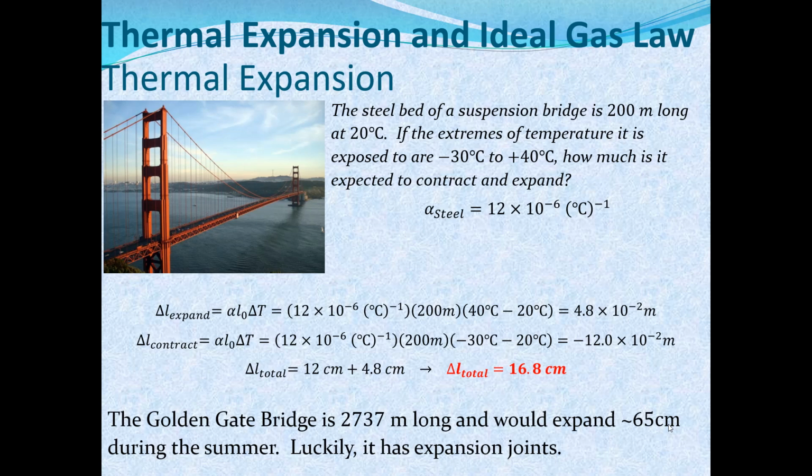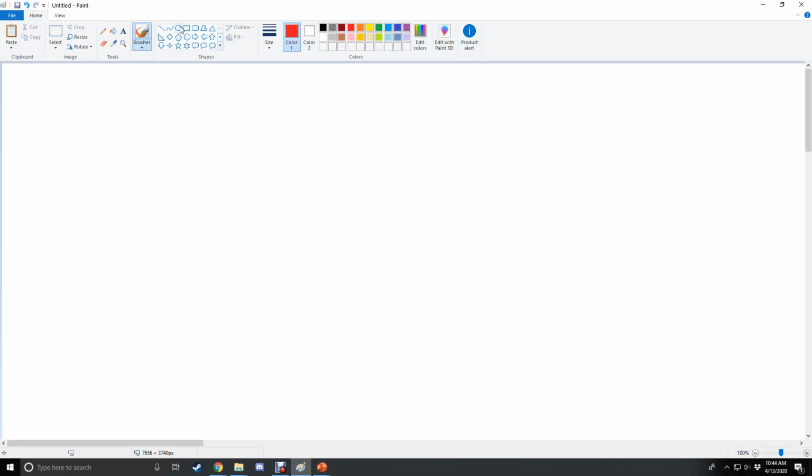So what they do, if you actually pay attention to bridges, they tend to have these little expansion joints. They look something like this, where they have almost integrated teeth into each other, like this.